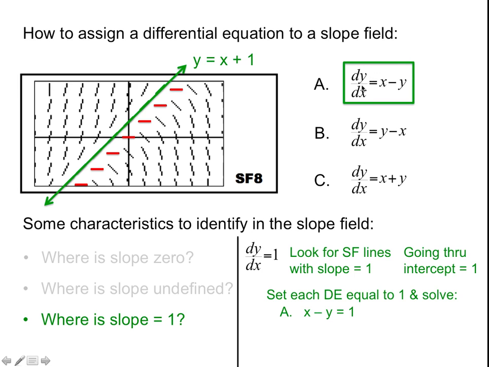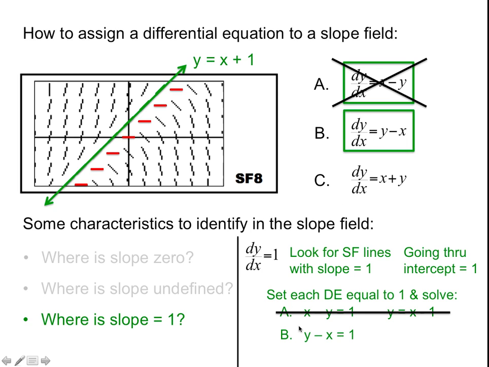We take the first one, set it equal to 1, bring y over here and 1 over here, and we get this. That's not that equation, so we know it's not A. We already know it's not C. So the right answer has to be B.